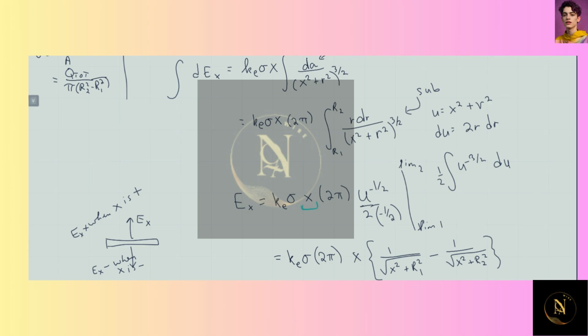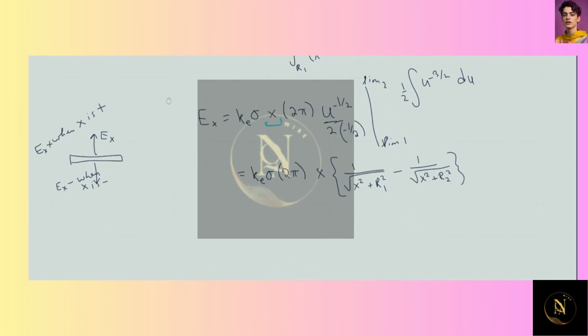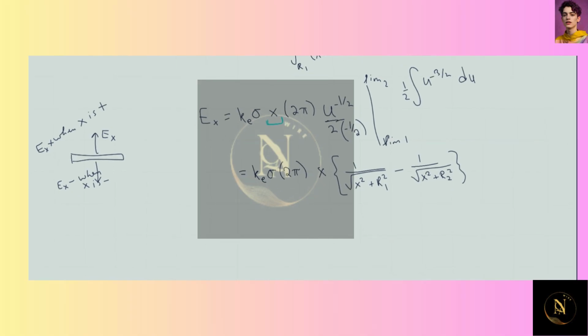A little bit more playing around with that. What if x is really, really close to the origin? What we really want to say is x is small compared to R1.